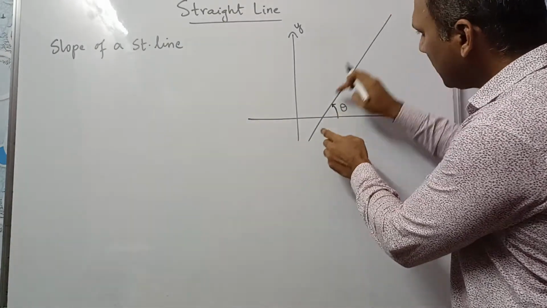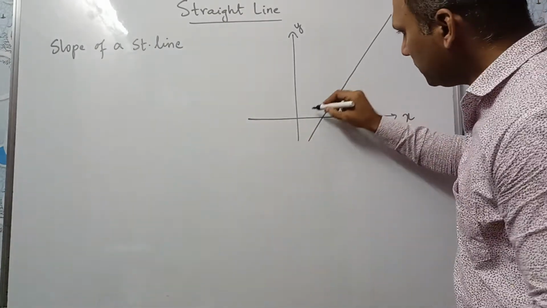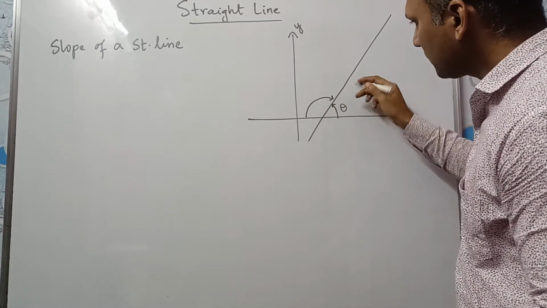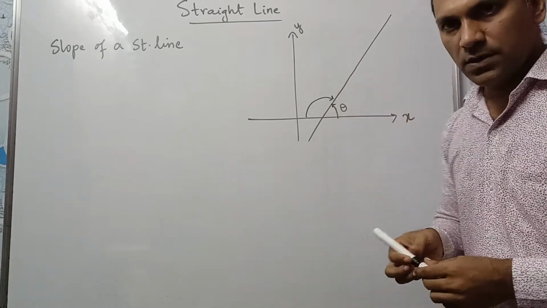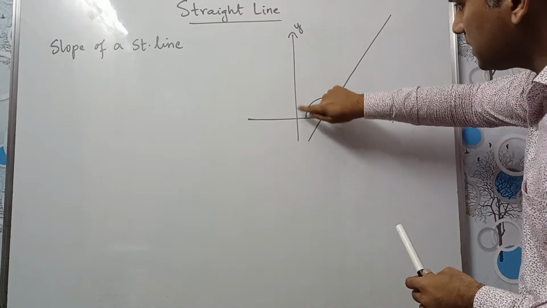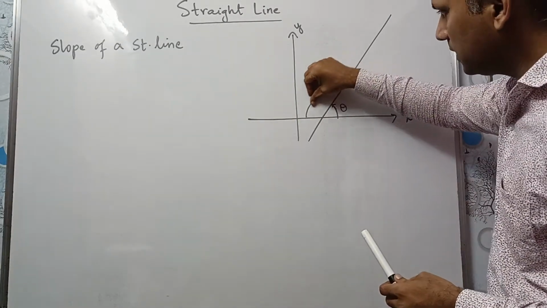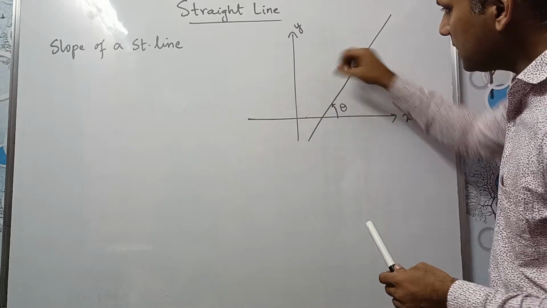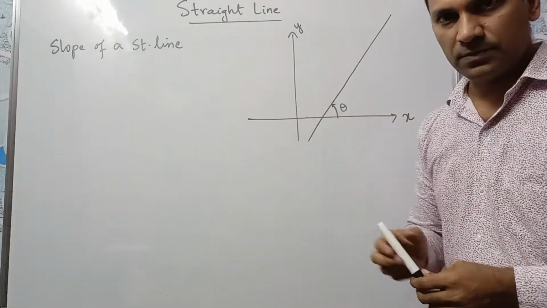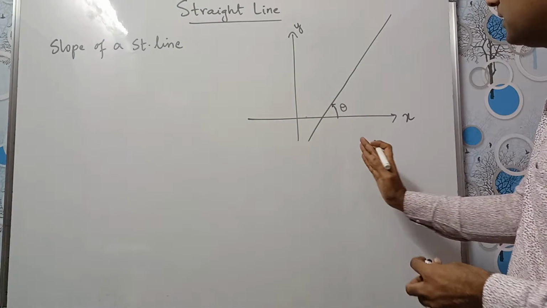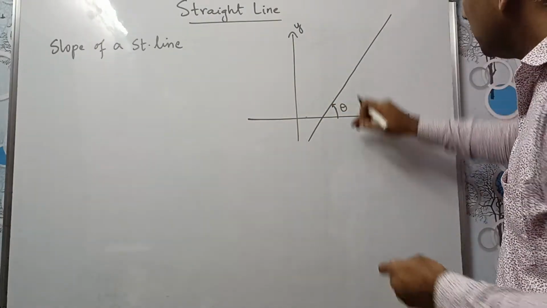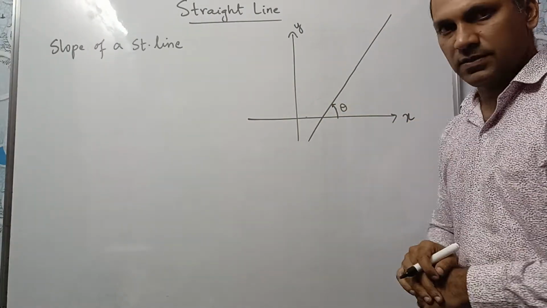Of course, this line will make two angles. It will make this angle also, but we are not talking about this one. This is clockwise, this is anti-clockwise. So this theta is measured anti-clockwise with respect to the x-axis, not the y-axis.